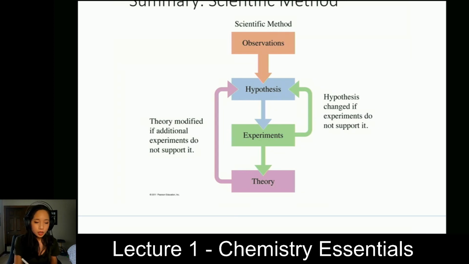So you can do this cycle, hypothesis, experiment, repeat that many, many times. And once a hypothesis has been verified a number of times, it can then become a theory, as long as the experiments verify the hypothesis and it's not disproven.